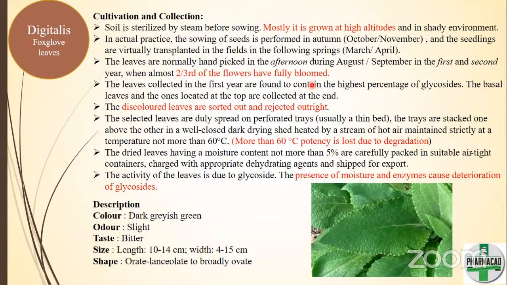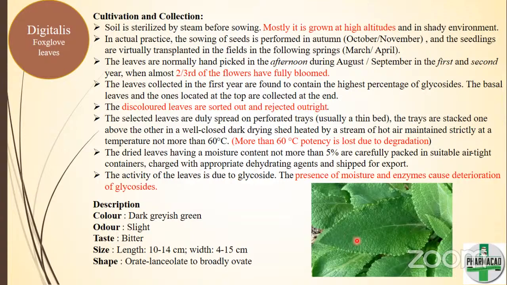Okay, then it is seen that the highest percentage of glycosides is found in the first year, and discolored leaves are sorted out and rejected. Why are we considering only leaves? Because the desired part of the plant, which has a rich content of glycosides, is the leaf.